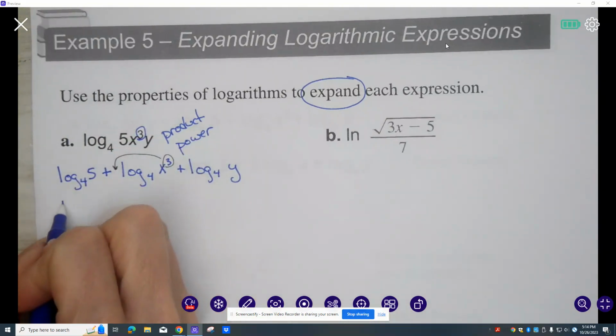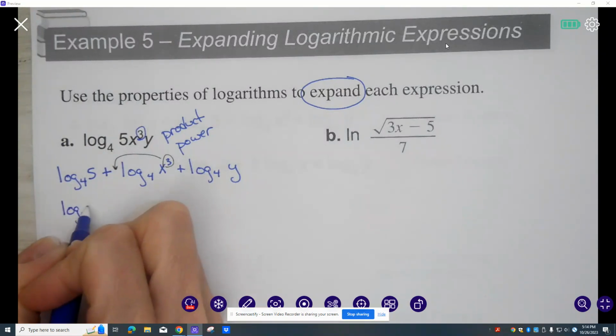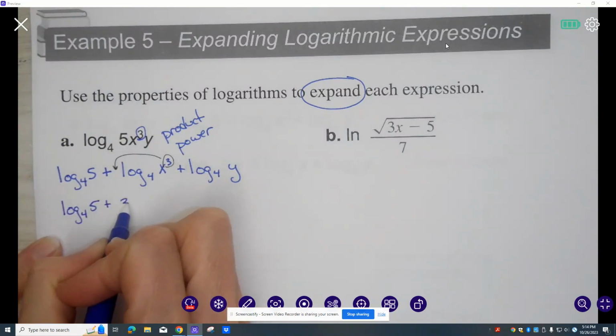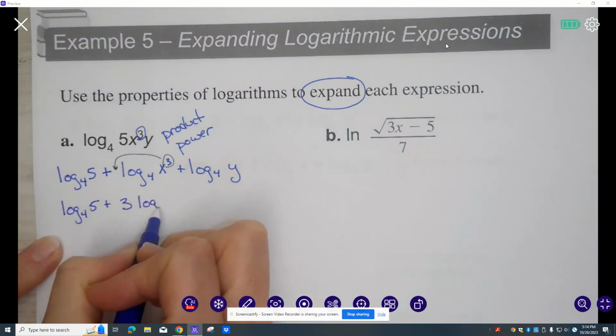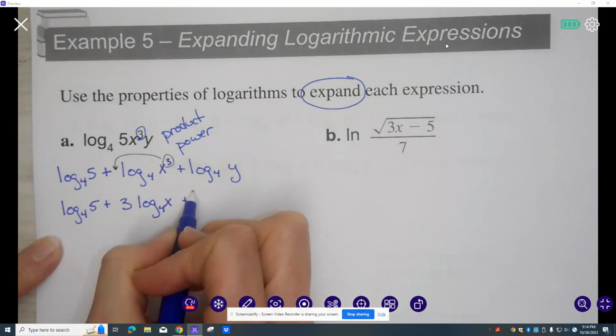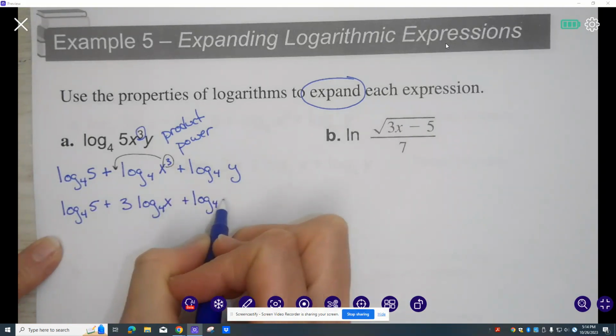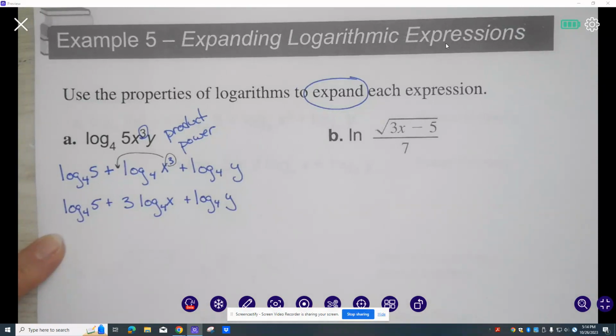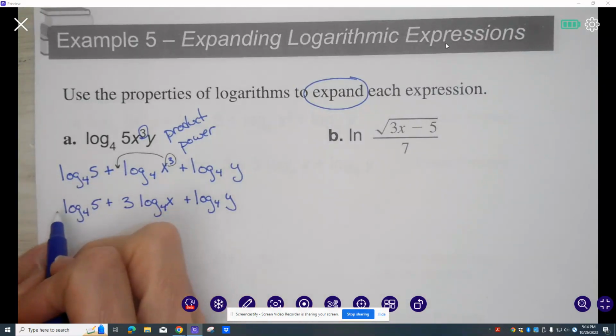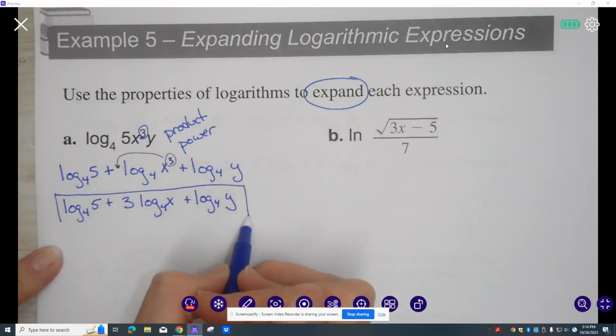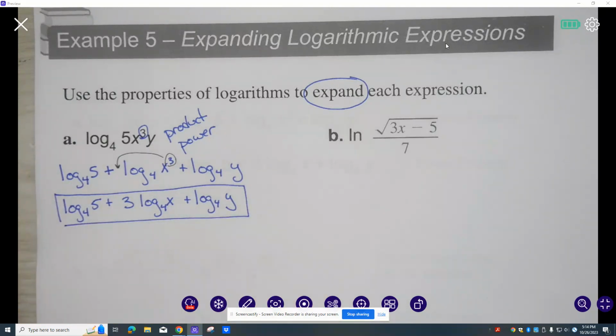So my final answer will be log base 4 of 5 plus 3 times log base 4 of x plus log base 4 of y. So I've taken all this multiplication, separated it out into 3 separate logs with addition.